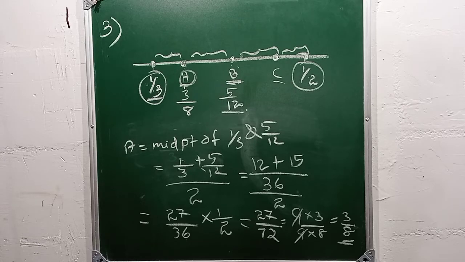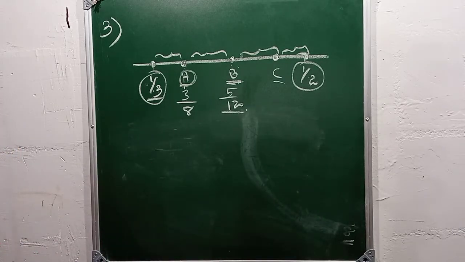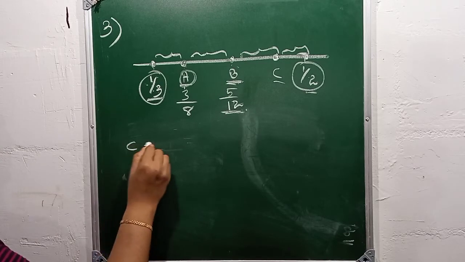Similarly, we can see that the point C is the midpoint of 5 by 12 and 1 by 2. Now we are going to find out the point C. C is the midpoint of 5 by 12 and 1 by 2.